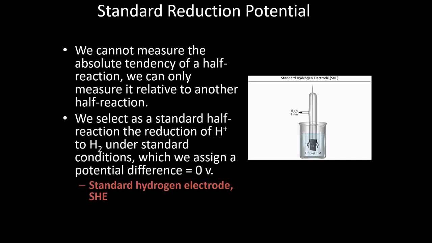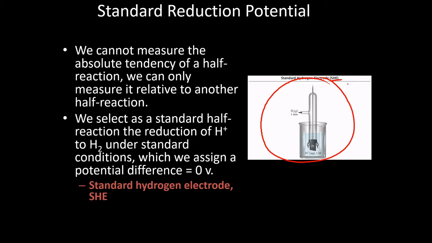And so that other half reaction that we were always going to be comparing to is this standard hydrogen electrode, or SHE, as it's sometimes called. So this is our sea level. This is what we're going to compare everything else to.